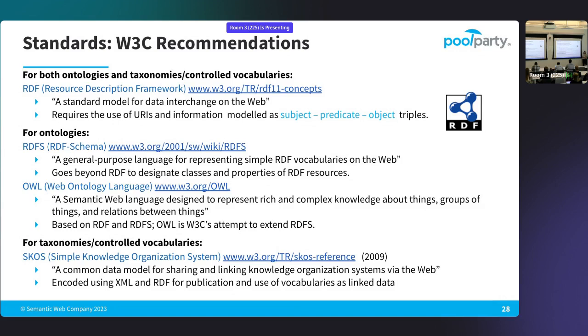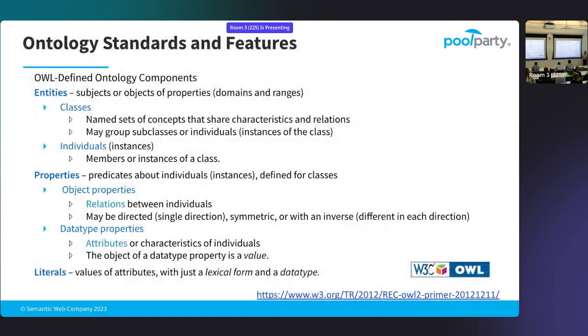SKOS is for taxonomies, thesauri, classification systems, terminologies, so their data can also be shared on the web. The encoding used XML, now also JSON, and it's based on RDF for publishing these, but also allowing linked data. That's also always part of it.